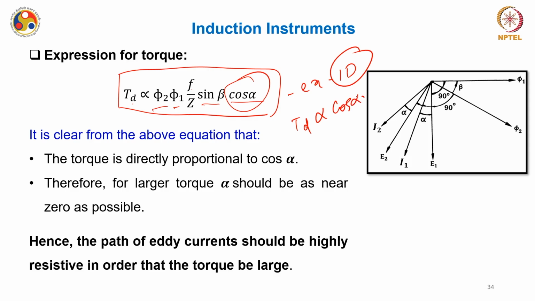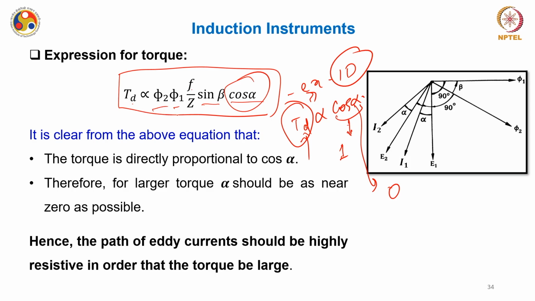It means that for a larger value of TD, cos alpha should be as large as possible, approaching a value of 1, which means that this alpha value should be as close to 0 as possible. Therefore, the path of eddy currents should be highly resistive in order that the torque be large.